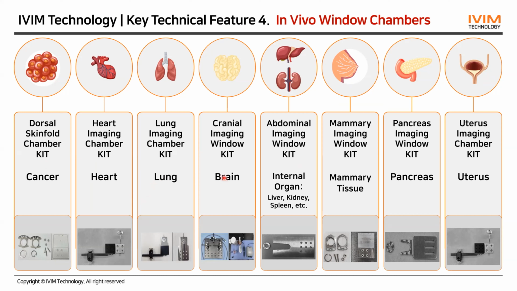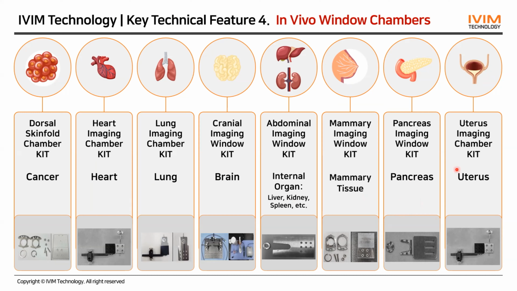And for brain research, we implant the cranial imaging window in the skull to visualize the brain cortex in a long-term manner. And the abdominal imaging window is for abdominal internal organ imaging, such as pancreas, spleen, kidney, colon, etc. And for long-term monitoring of the mammary tissue and the pancreas, we can utilize the mammary imaging window chamber and the pancreas imaging window chamber together.